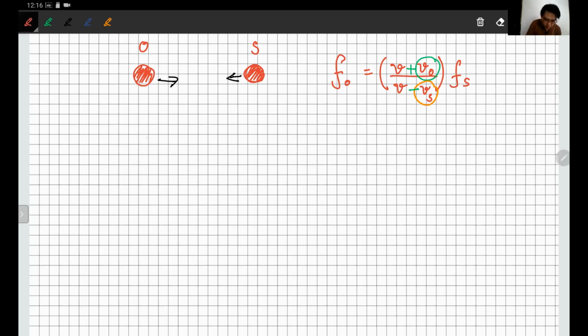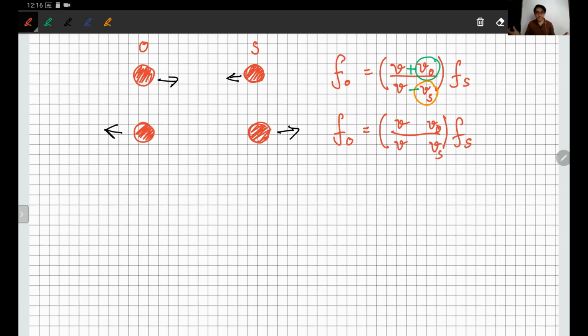Let's do what's going on when the observer and the source are separating. So now they're moving away from each other. Once again, I'm going to set up the structure of the Doppler equation, just like that.